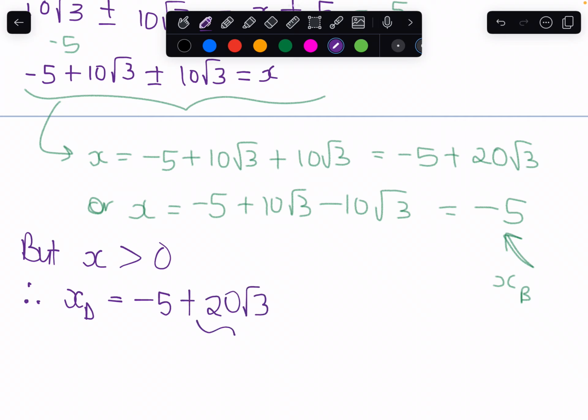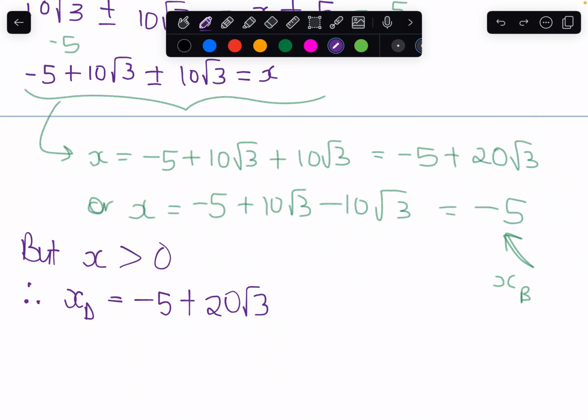You can sanity check that it is definitely a positive number. Root 3 is 1 point something, so 20 times that is bigger than 20, and if you minus 5, you're still positive. You could just quickly check on your calculator, but now and again it's nice to flex your brain. Well, let your brain flex on you.